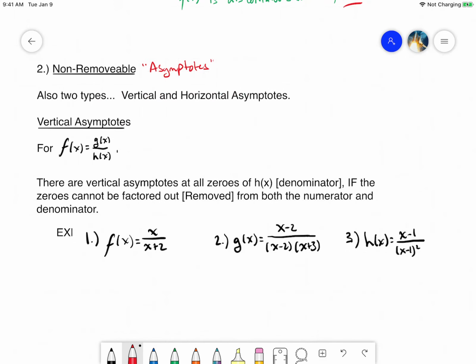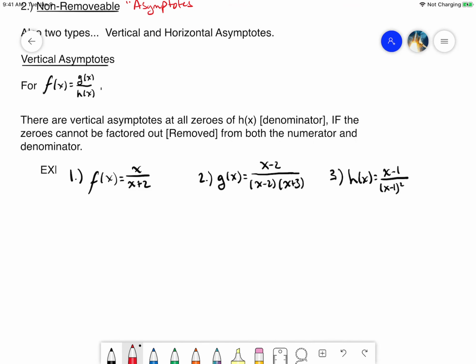Okay, and we're going to look at three examples. If we look at number 1, we can see that x over x plus 2 has nothing we can factor out, so we know that there is a vertical asymptote at x equals negative 2, because if x plus 2 is equal to 0, then x equals negative 2 and we have a vertical asymptote.